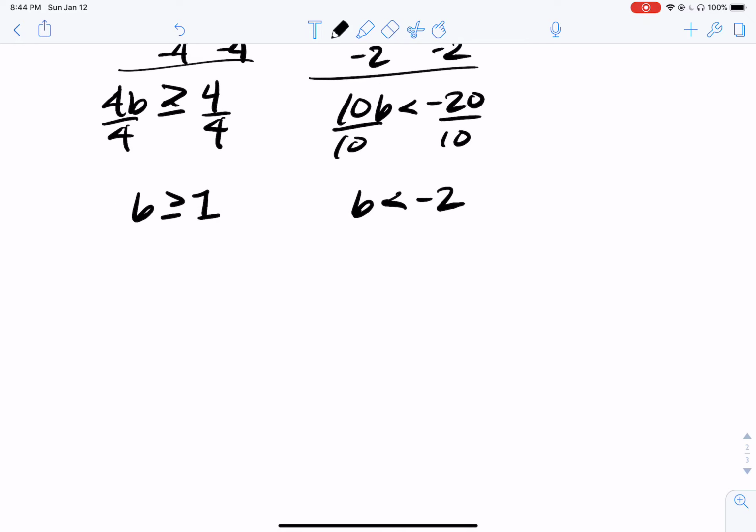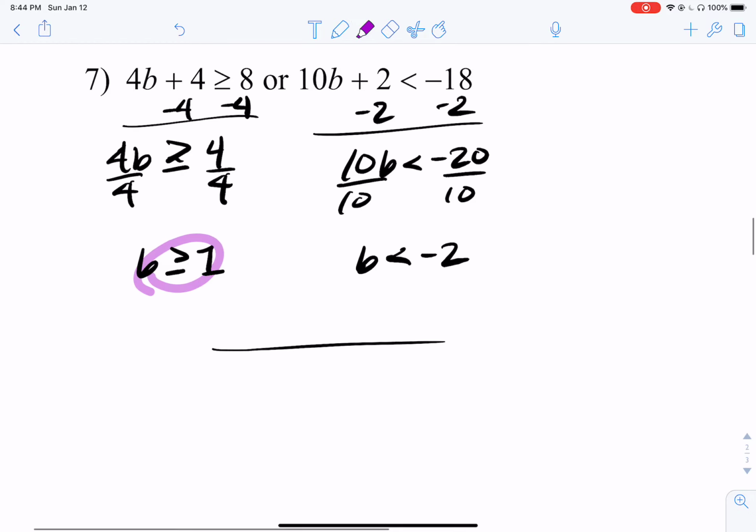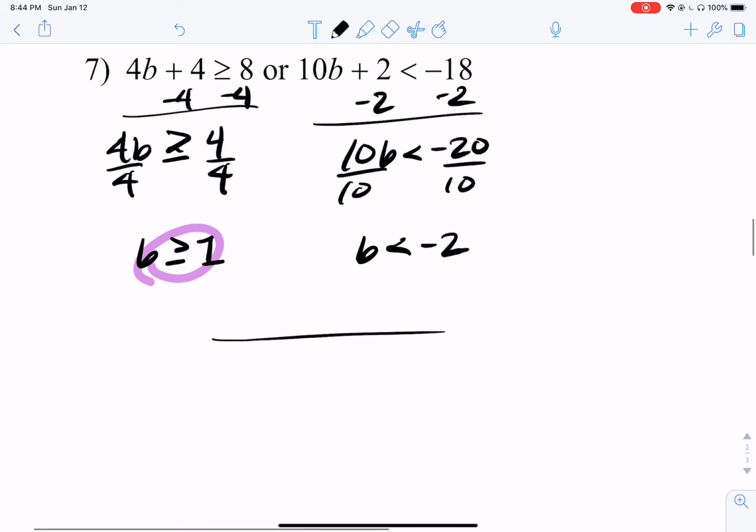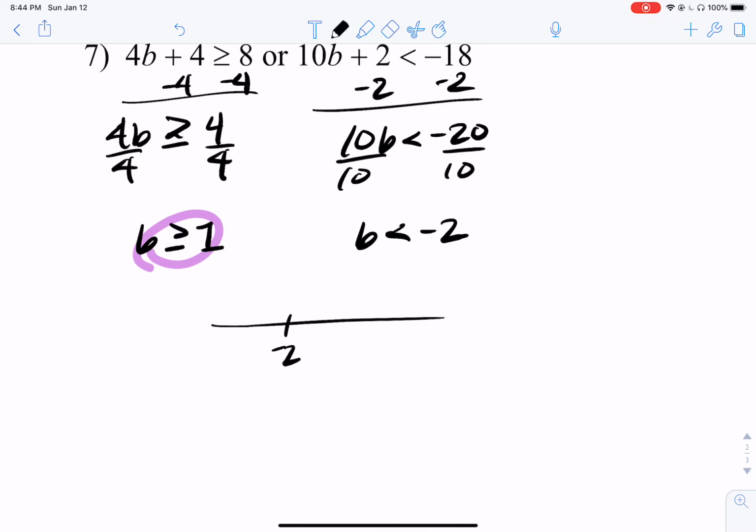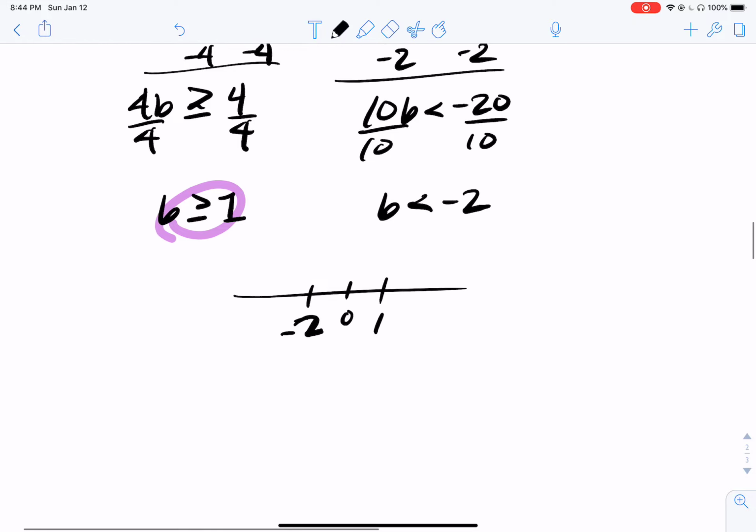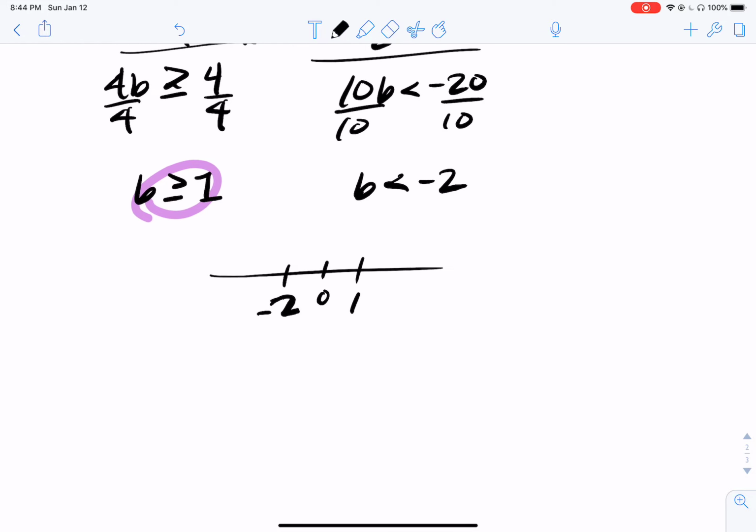So again, even though this one is first on the equation, on the number line, -2 is to the left of +1, okay? So make sure you put those numbers accordingly on the number line. So -2, 0, and then 1 would be to the right, because again, we write these things on the number line from least to greatest.